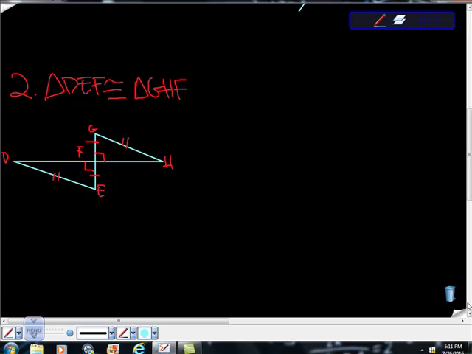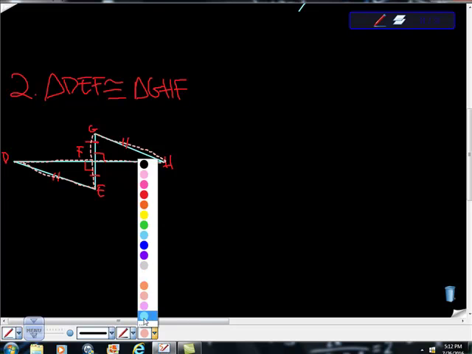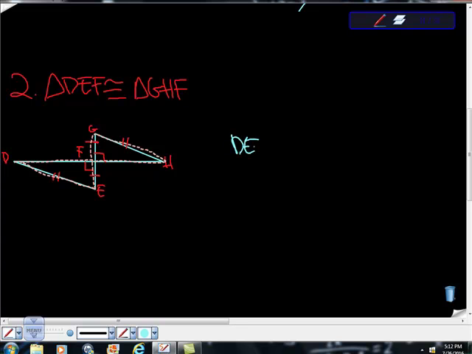The next one says that triangle DEF, which is here, no, sorry, it'll be this way. If you were to trace it, it would look like this: DEF is congruent to triangle GHF. So first, just look at this.